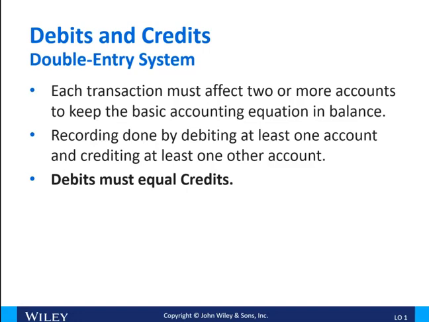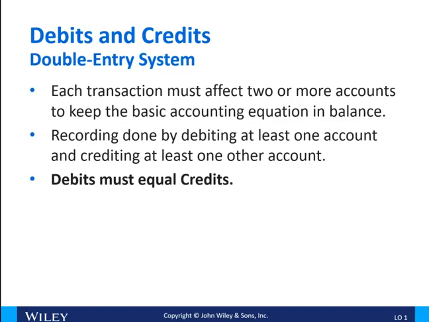So accounting is a double entry system. Each transaction must affect two or more accounts so that the accounting equation stays in balance. Recording is done by debiting at least one account and crediting at least one other account. Okay, and debits must equal credits. So in Chapter 1, we talked about assets must equal liabilities plus stockholders' equity.